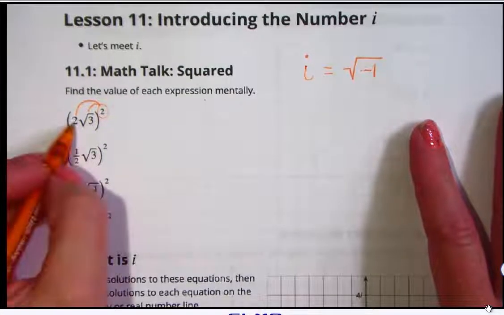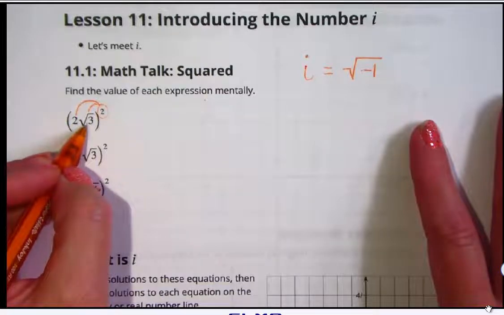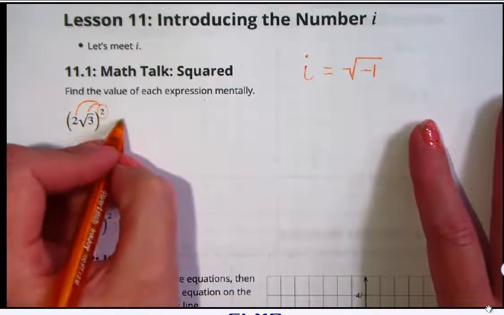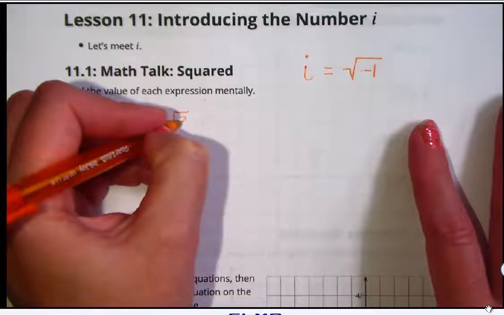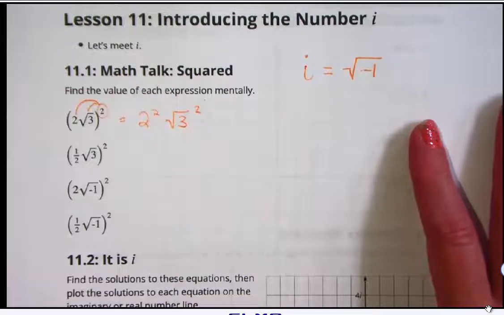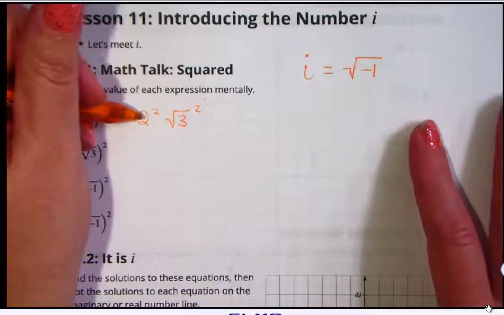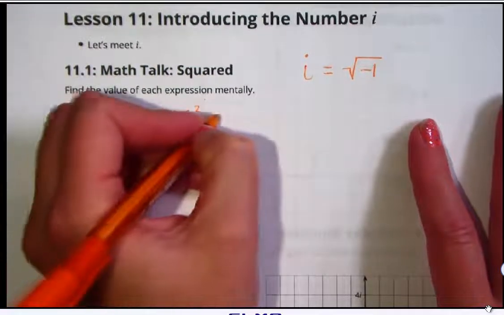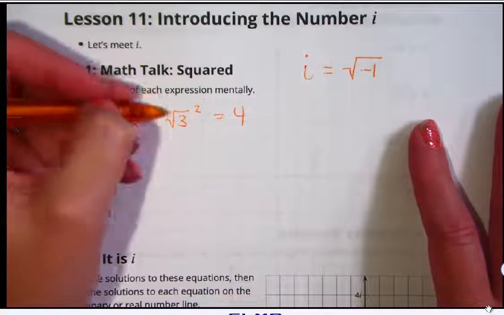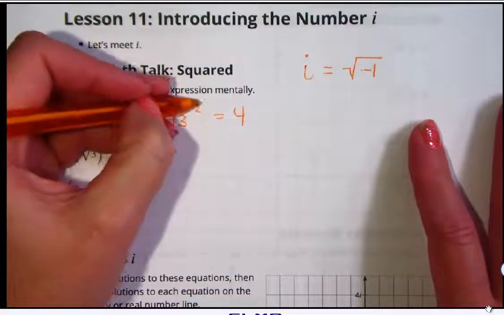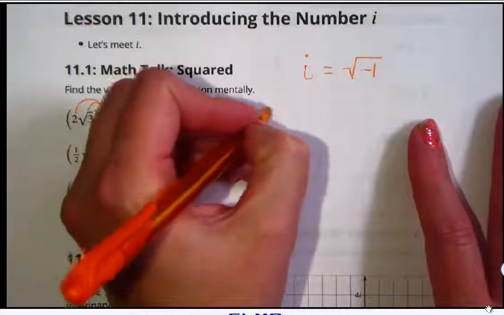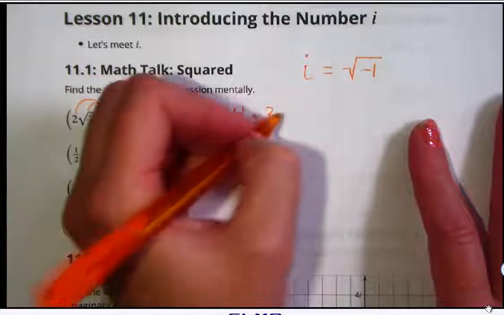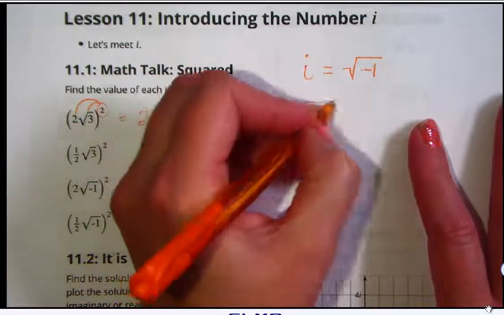So if we had something like (2 square root 3) squared, it is 2 squared and the square root of 3 squared. And maybe you're saying to yourself, well, we can find values for both of those. 2 squared equals 4, and the square root of 3 squared are going to cancel each other out. We would have 4 times 3, which equals 12.